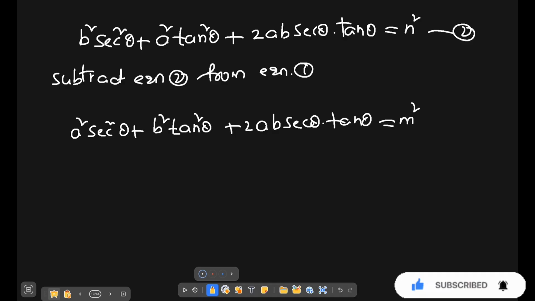So under that write equation 2. What is equation 2?